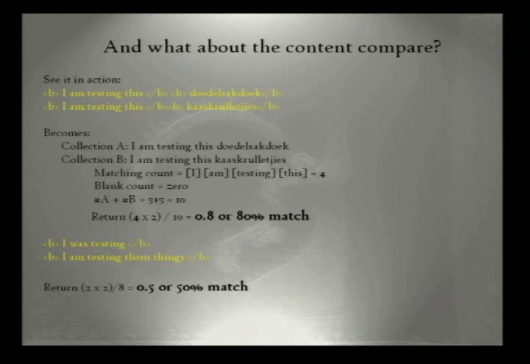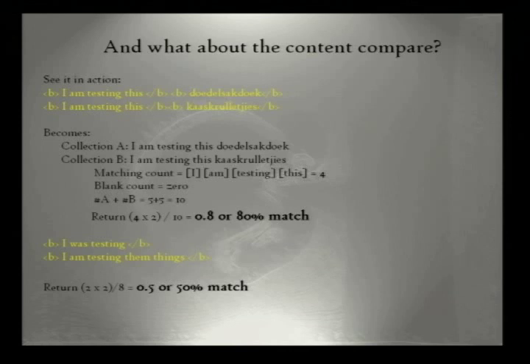Our blank count is 0, and the number of items in collection A is 5, and in collection B is 5. So our return is an 80% match, 0.8. If we have "I was testing" and "I am testing them things," then our return is 2 times the number of words that match, which is I and testing, and we get a 50% match because we have 8 words in total. That's how easy it is.